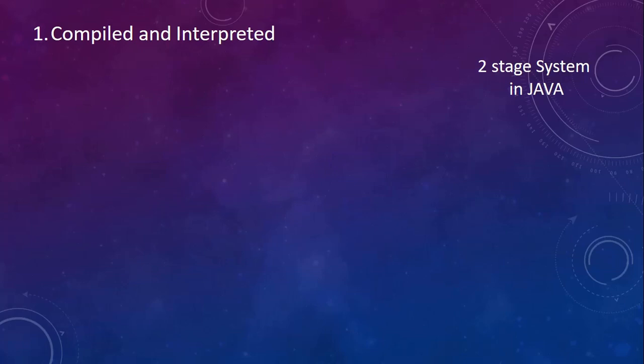C and C++ are compiler based languages, but Java is a two-stage system. Just because the designers of Java wanted it to be portable, so that the same code should be able to run on different platforms, unlike C++, they came up with a two-stage system.